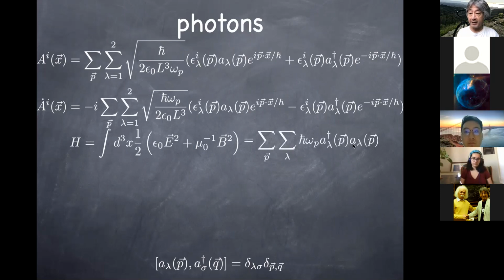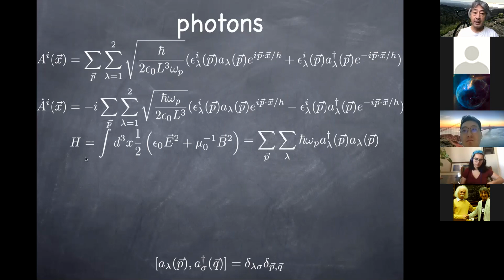So A dagger A is the number operator we're familiar with for each polarization lambda and momentum P. And for the corresponding number of photons, each photon gives you energy given by h bar omega p, as we just talked about a minute ago. That's the angular frequency times h bar, the energy of an individual photon.